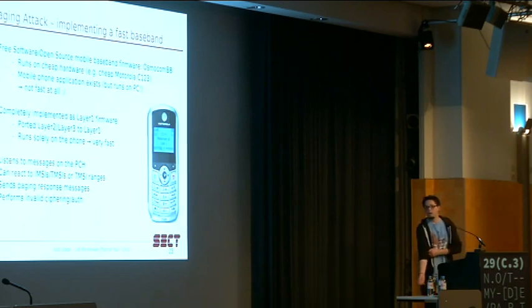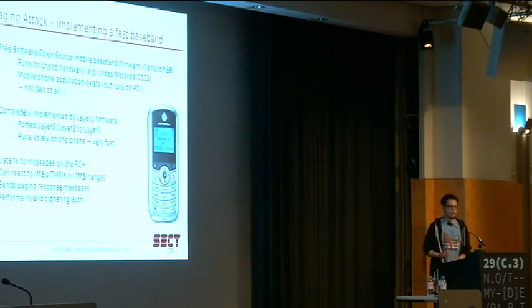So what we did here to implement the very fast baseband is we took the layer 2 and the layer 3 of the mobile application, or basically everything which is required to handle paging and establish a service, and re-implemented that in the layer 1 firmware. So it runs completely on the device itself. So it's very fast, and we will see how fast it is in a bit.